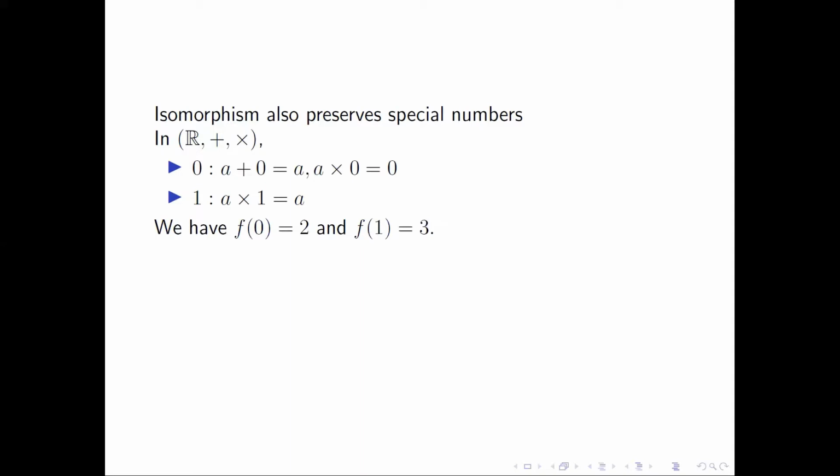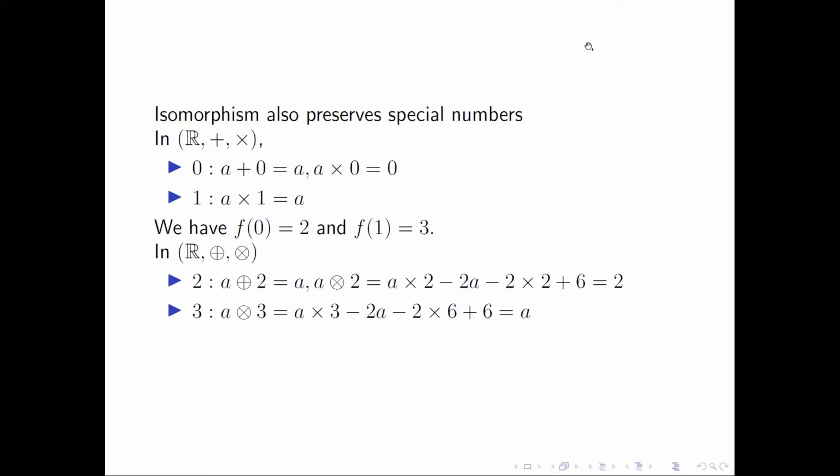And f maps these two special numbers to 2 and 3 respectively. Then, in the second algebraic structure, 2 and 3 should be the special numbers.